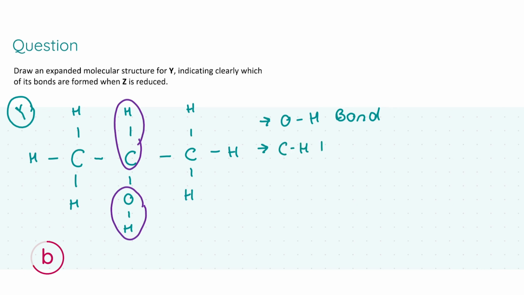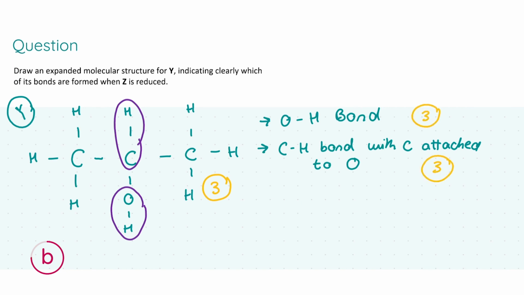C to H bond, and then you can say with the C attached to O. For this question, you're going to get 3 marks for drawing it out, and then 3 marks for stating each bond clearly.